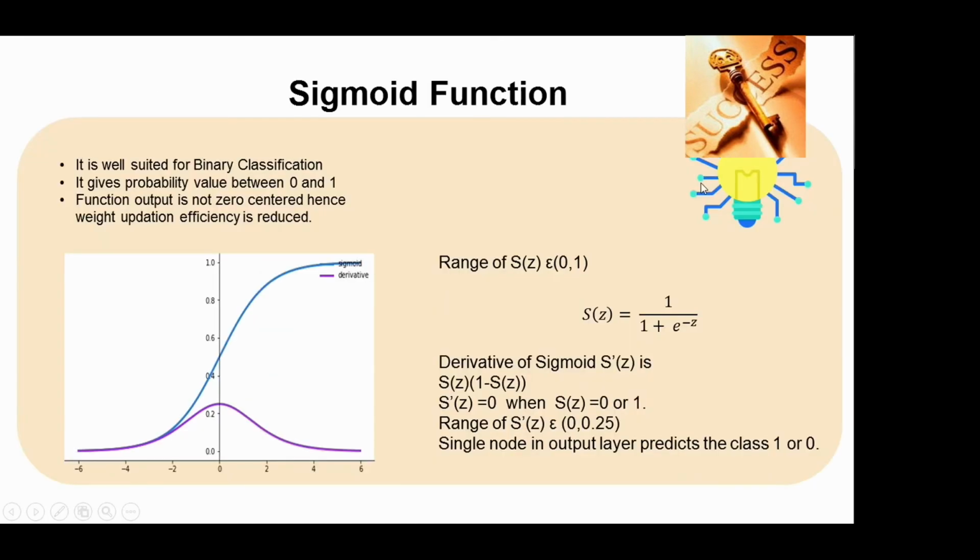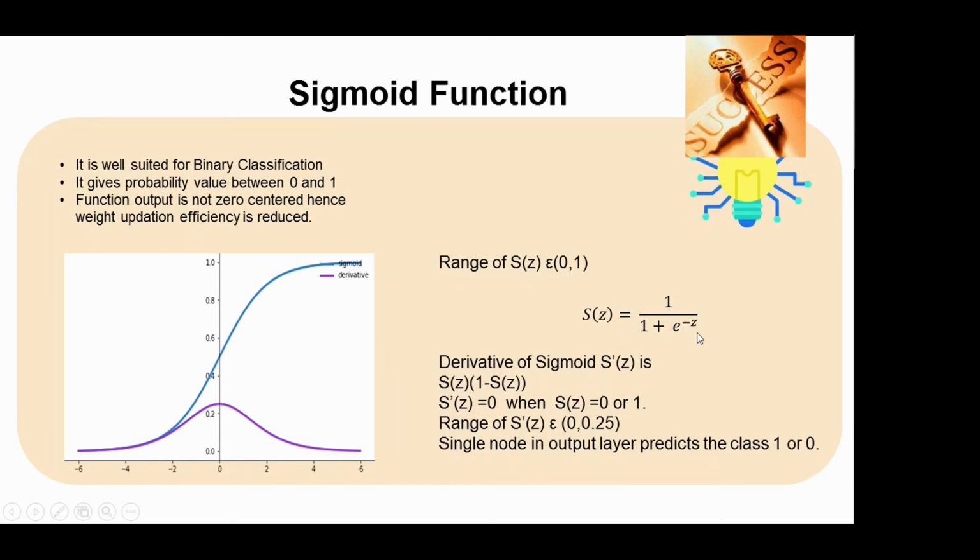So let us understand the sigmoid function. The formula of the sigmoid function you can see here: 1 divided by 1 plus e to the power minus z.